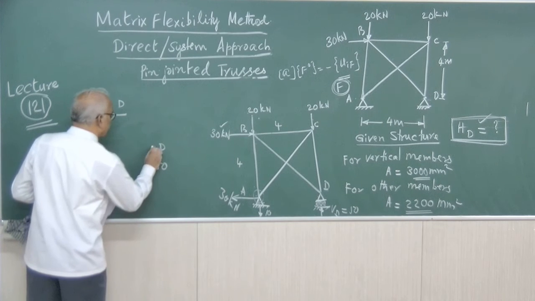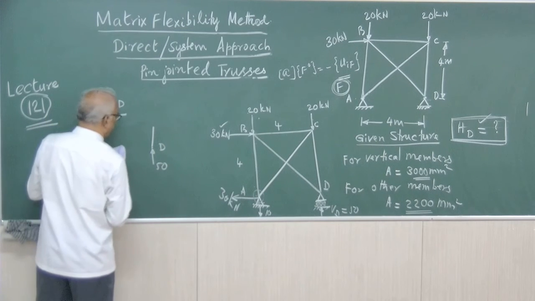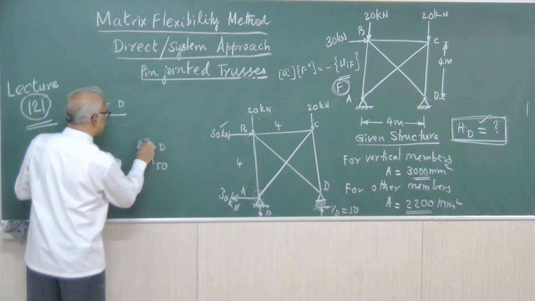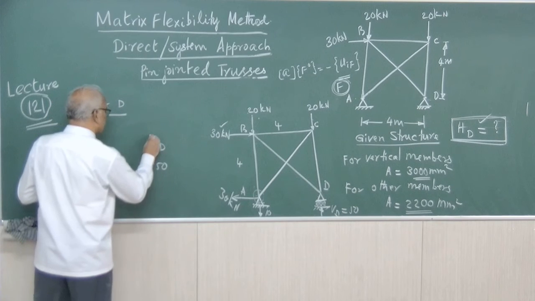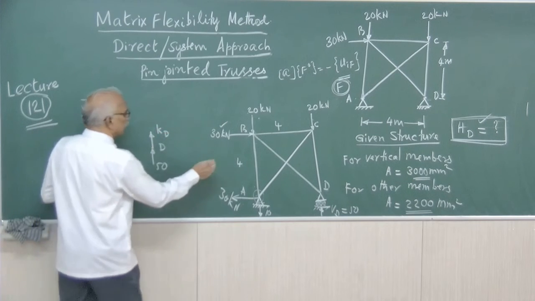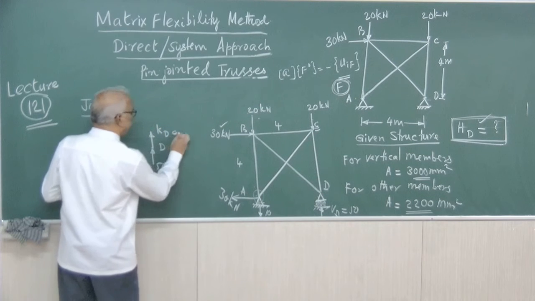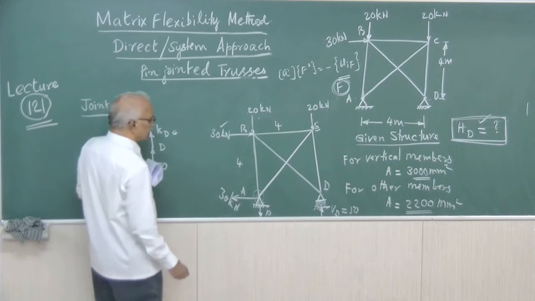Then there is a vertical member, which we will call K D, and the far end is C. So KDC is one member. Then there is an incline.